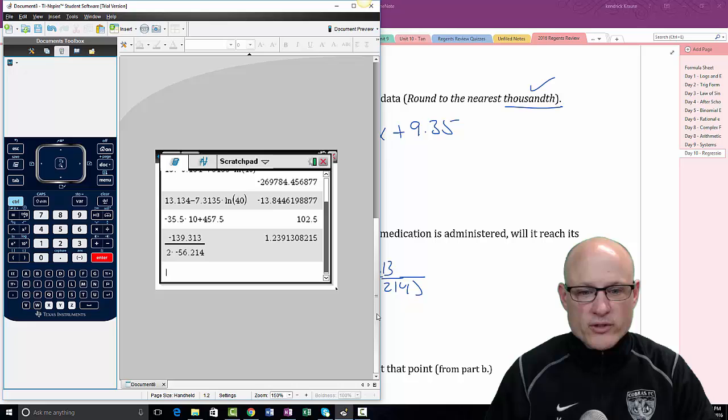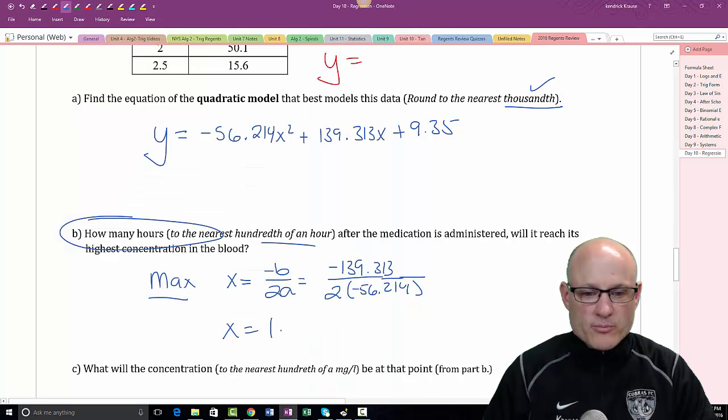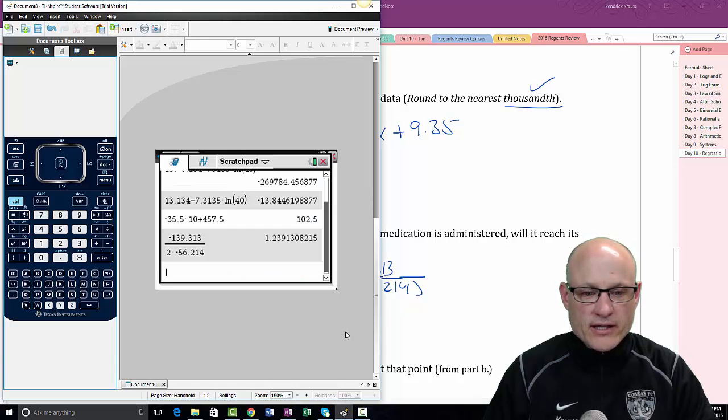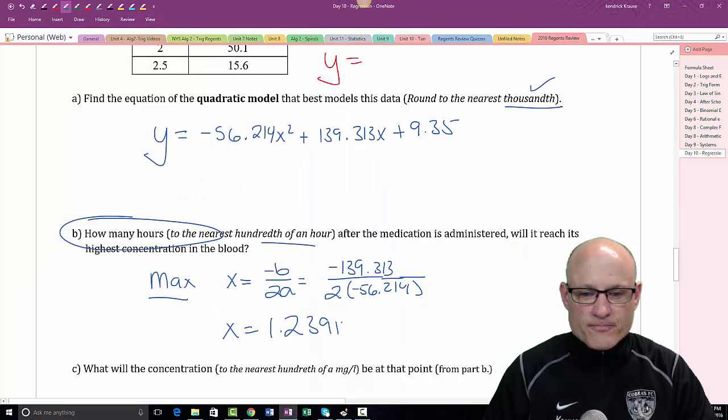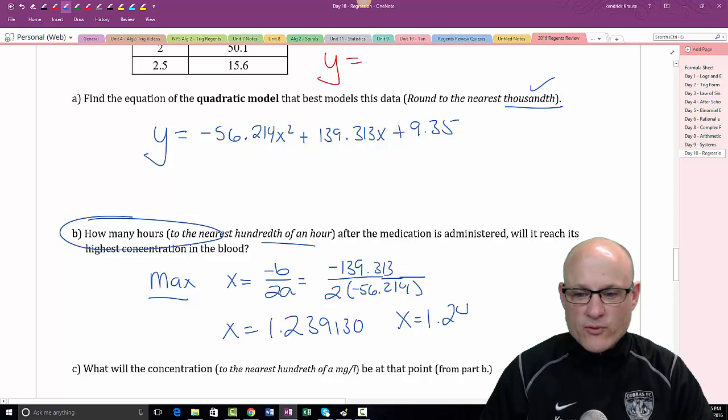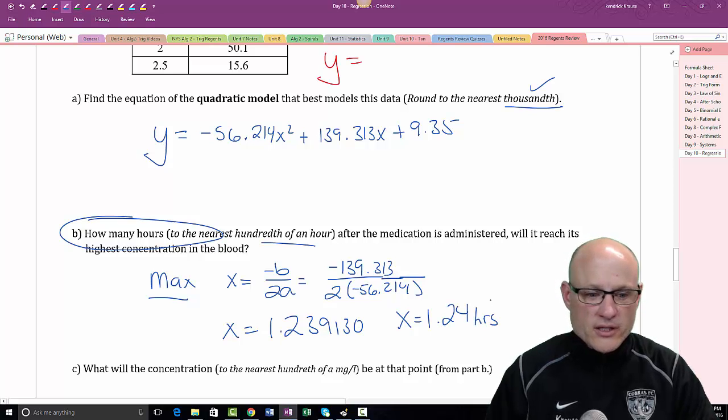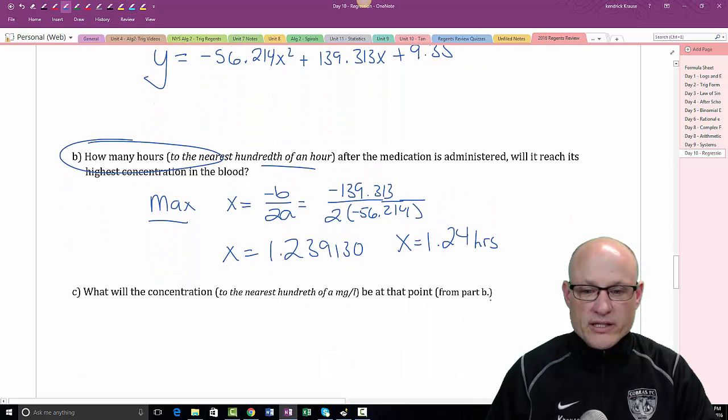Enter. And I get 1.239130. Rounded to the nearest hundredth of an hour, our answer is x equals 1.24 hours.